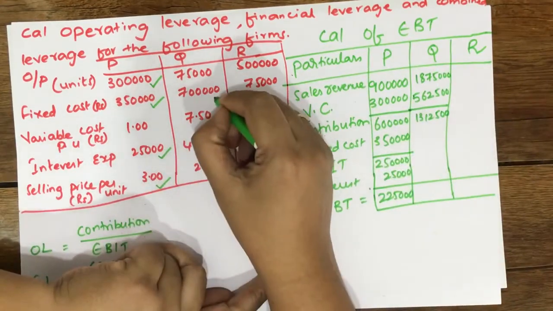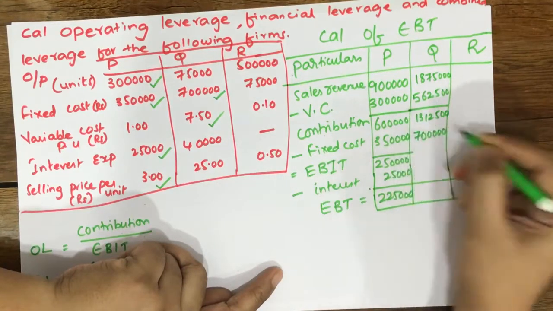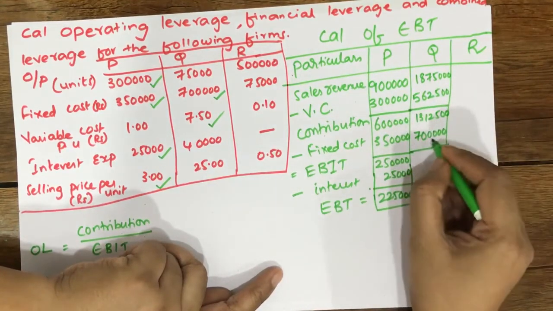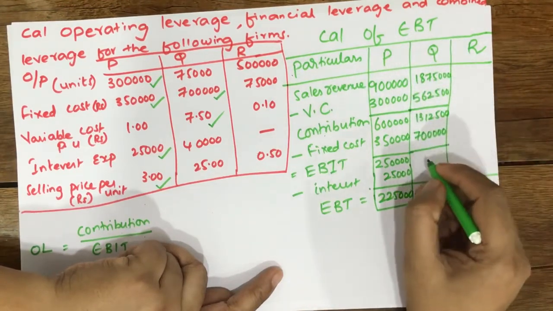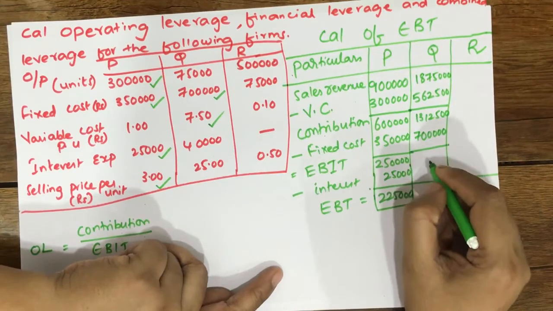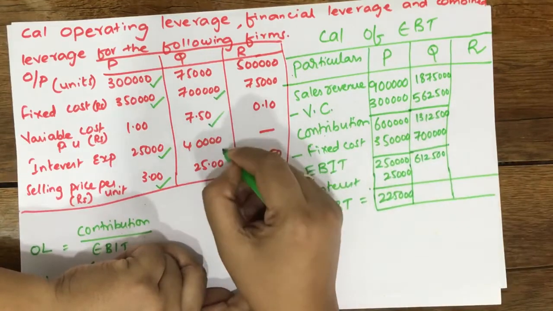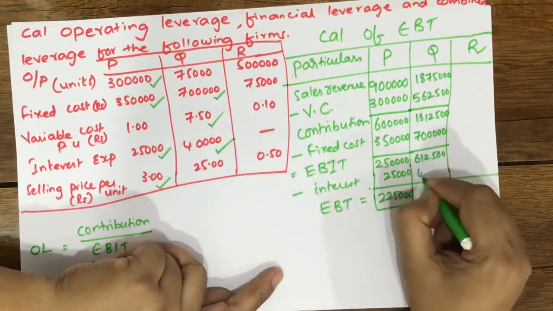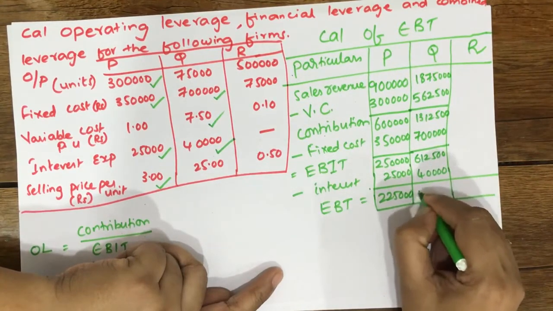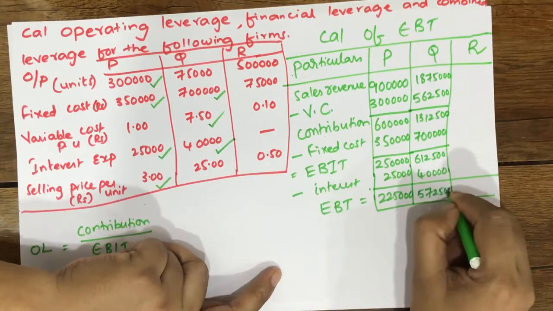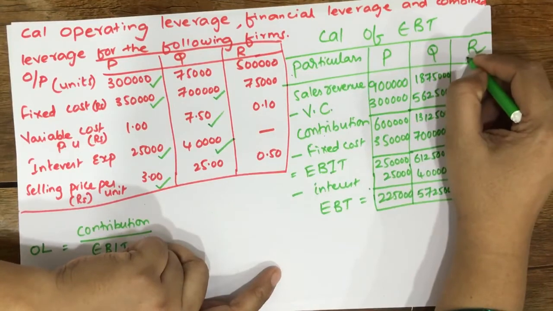Fixed cost is 7 lakh rupees for firm Q. When deducted from the contribution of 13,12,500, EBIT is 6,12,500. Interest is 40,000, so EBT is 5,72,500.